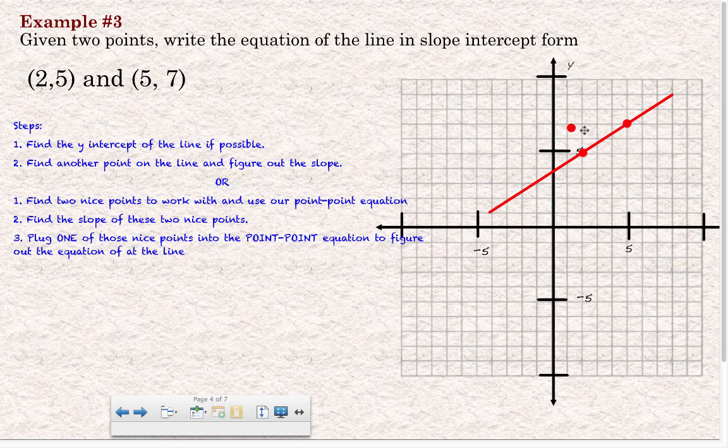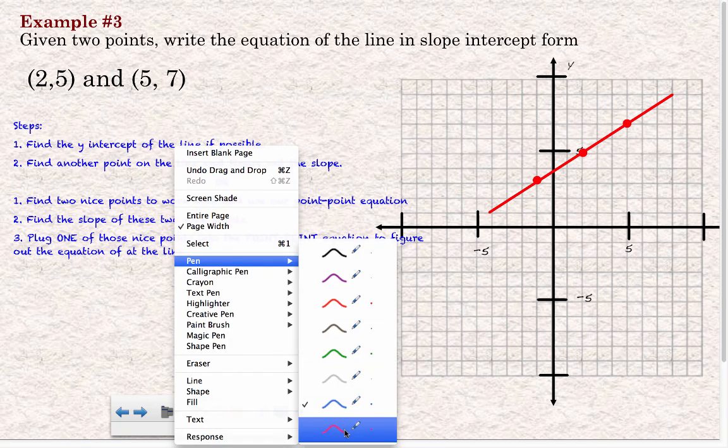If I apply my slope, which I can figure out by looking at this, to get from one dot to the other, I went over 3 and up 2. It does not cross at a very nice spot. So we can't just go and use our cheating way for our y-intercept.